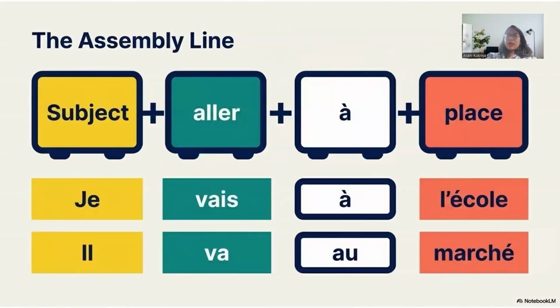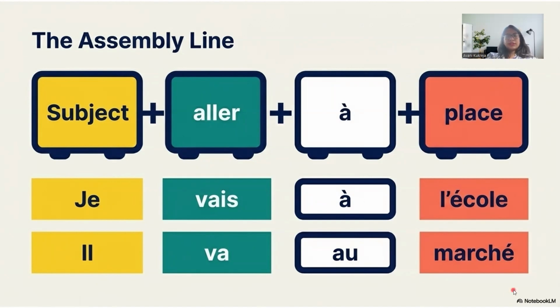Now, how to use the verb aller in a sentence? For instance, je vais à l'école. I am going to the school. Now, if I say he's going to the market, does anybody know why we have written au instead of à in au marché?